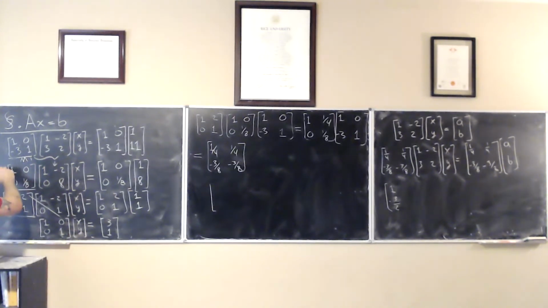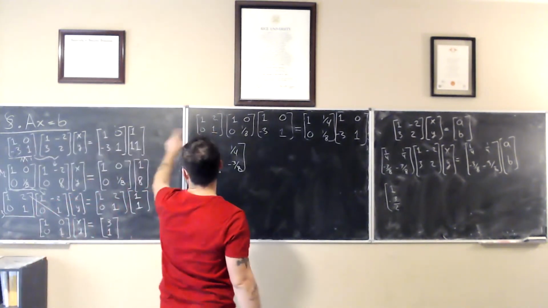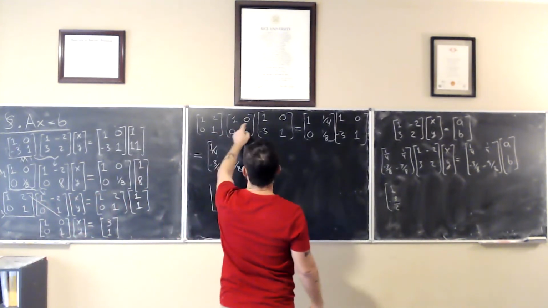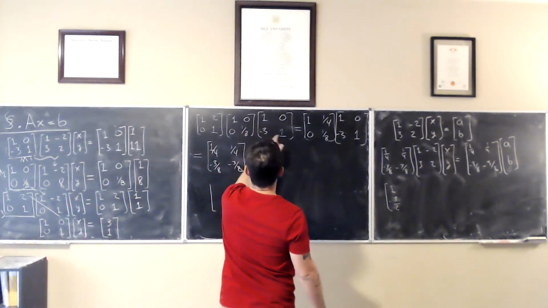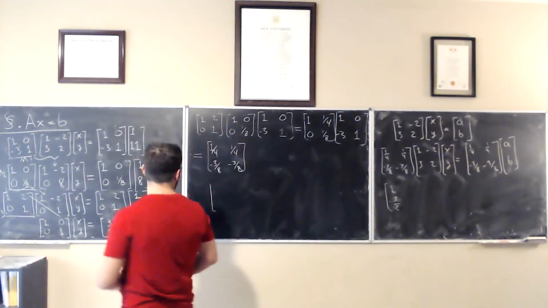So then this is in 2. These two matrices made that one. And then this will be in 3. 1, 2, 1, 0, 0, 1, 8, 1, 0, -3, 1. All right.